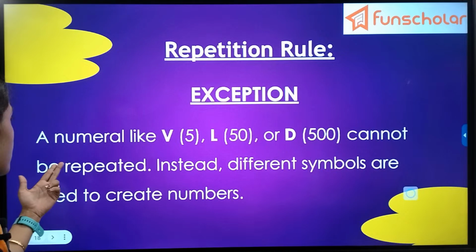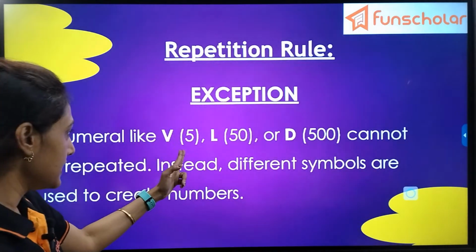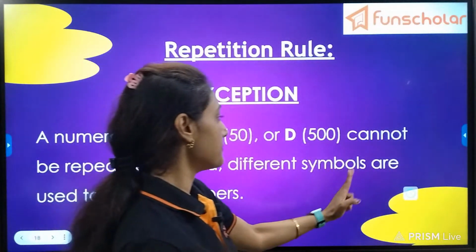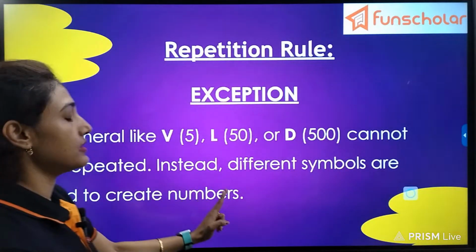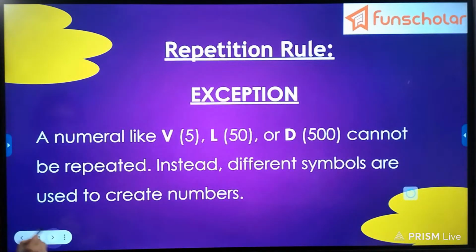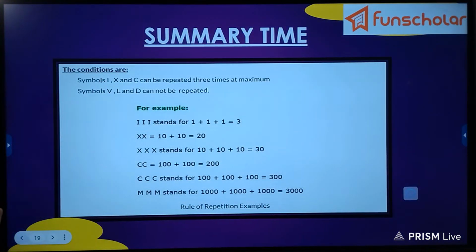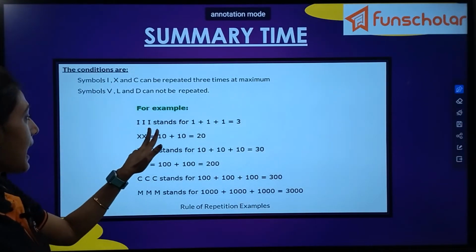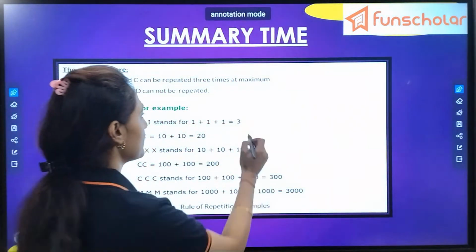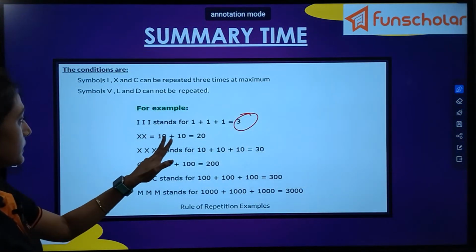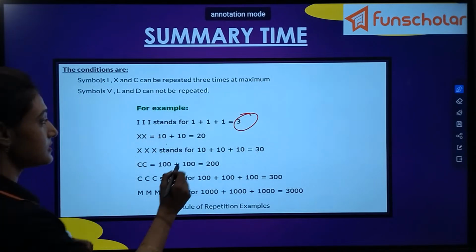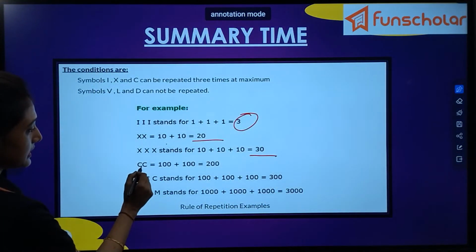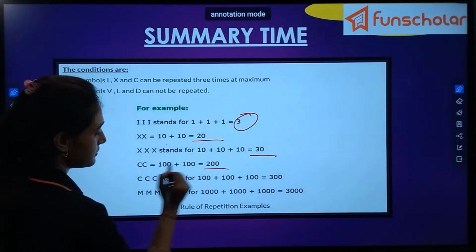This one I have already told you. Numerals like V, L, D cannot be repeated. Instead, different symbols are used to create numbers. Now, example. See, III represents 1 plus 1 plus 1 equal to 3. XX represents 20. XXX, 30. CC means 100 plus 100, 200.